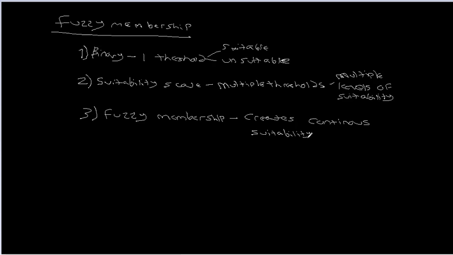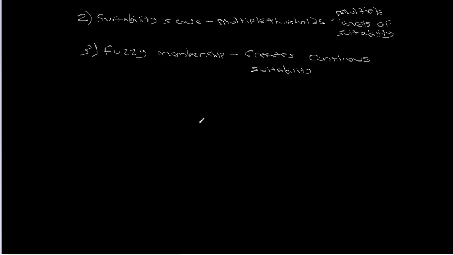And so what I want to do before we dig into any particular conversation about fuzzy membership is I want to explain how we're going to approach explaining this idea of fuzzy membership.